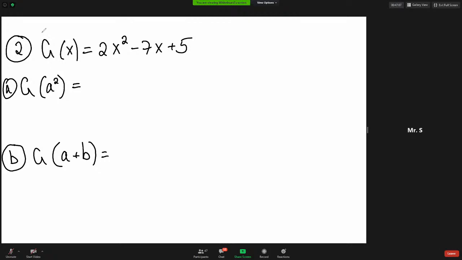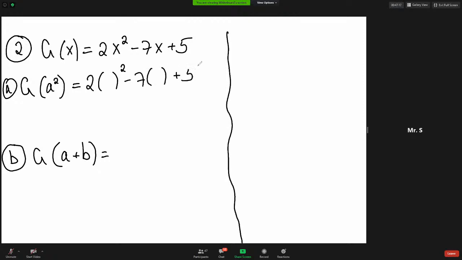You'll remember some algebra properties here, which is a good thing. We have 2 times the input squared, minus 7 times the input, plus 5. And for part A, our input is this expression, a squared.